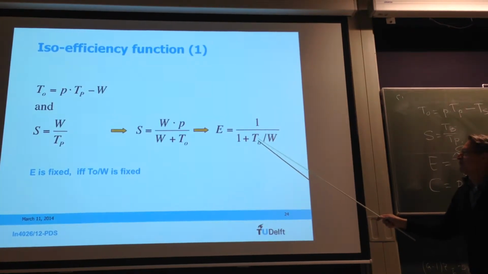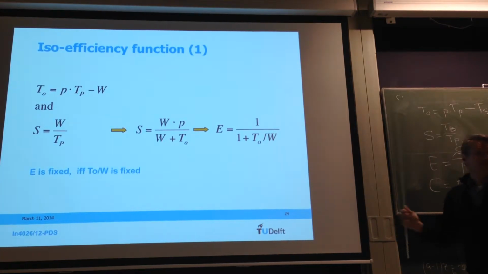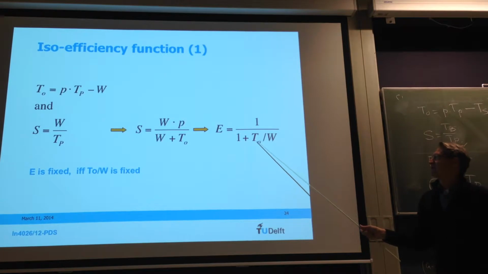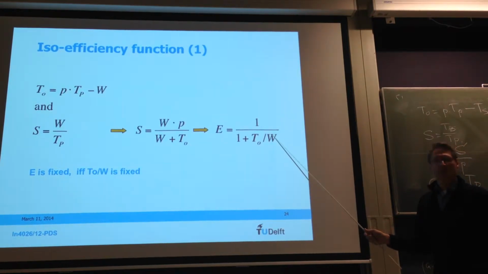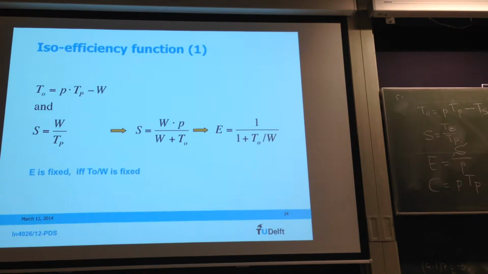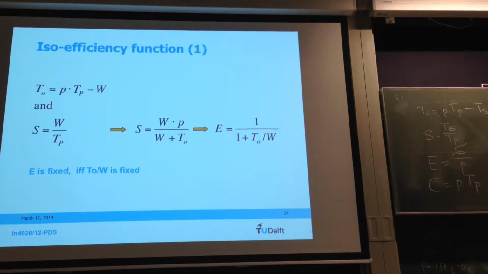If this term remains constant, then the efficiency is constant. So the relation between the overhead and the workload is crucial in determining whether you can achieve an isoefficiency relation.